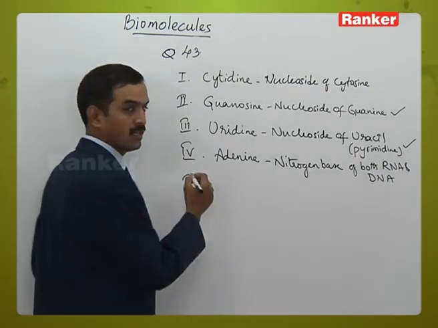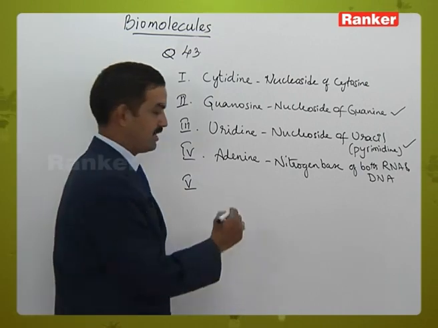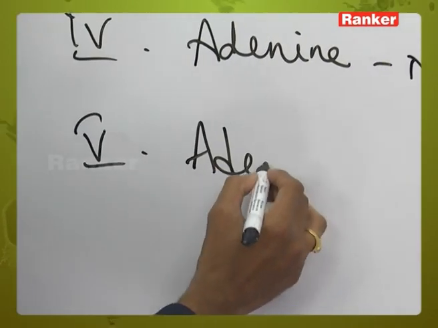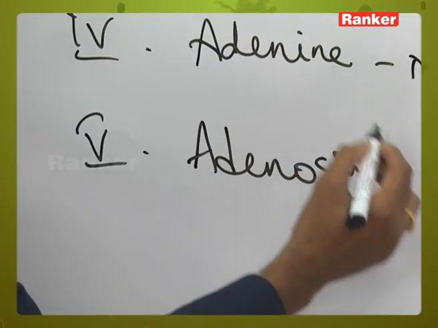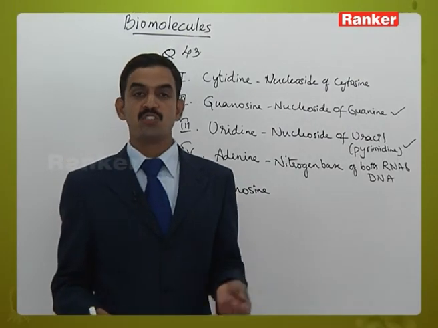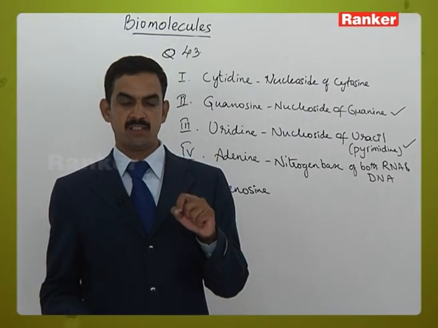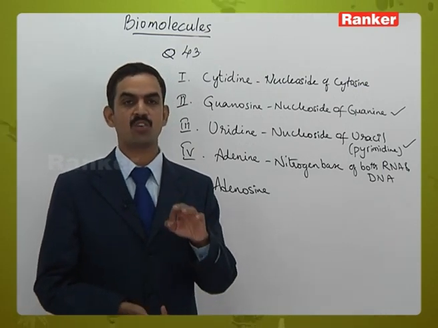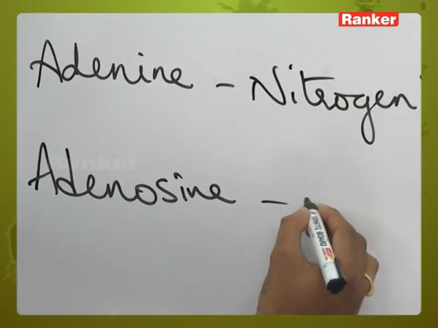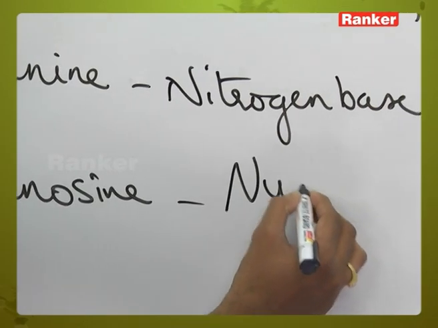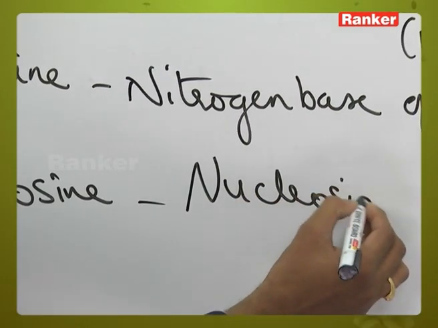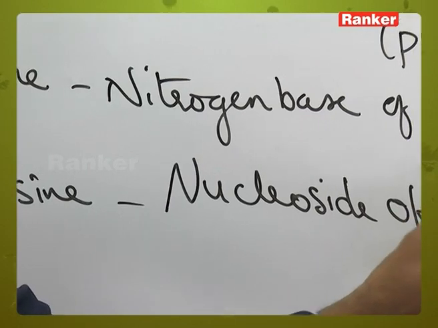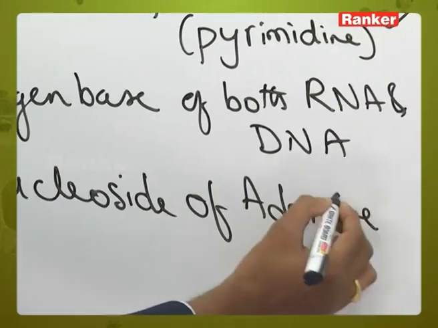Then the fifth one is adenosine. Adenosine is the nucleoside of adenine, but in the option they have given it as a nucleotide of adenine. So actually it is a nucleoside of the adenine molecule.